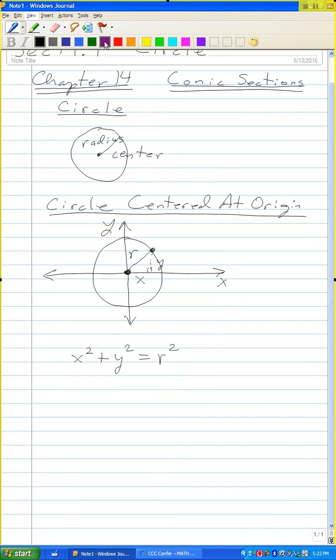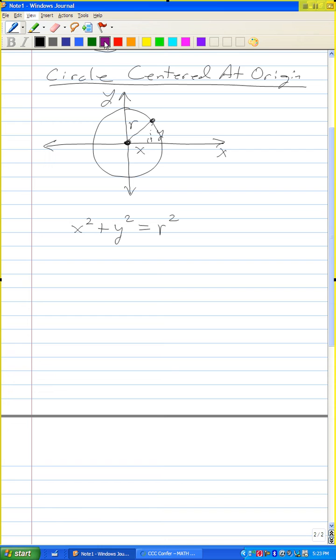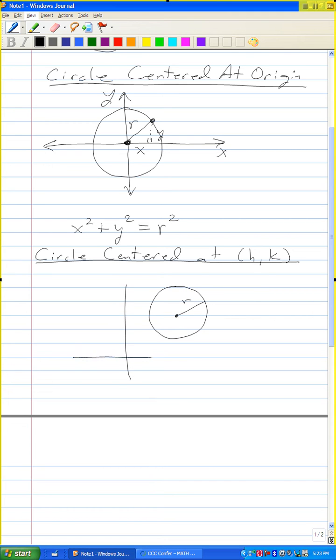And so let me suppose that we have a circle centered at some other point. So a circle centered at the point (h, k). And so, again, suppose we have a circle of radius r centered at the point (h, k), and this is relative to some coordinate system.